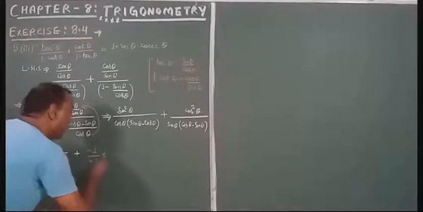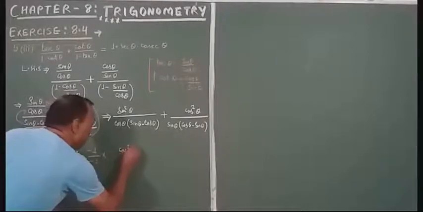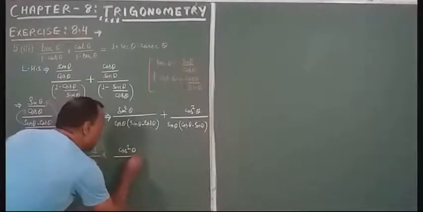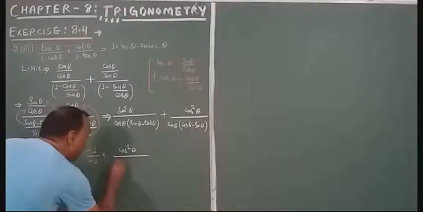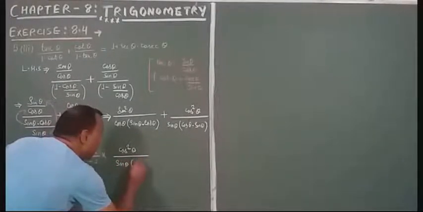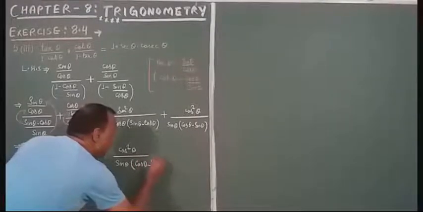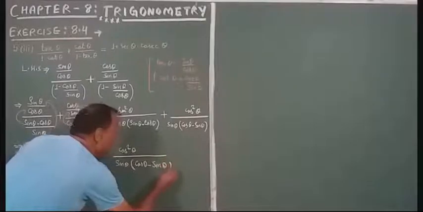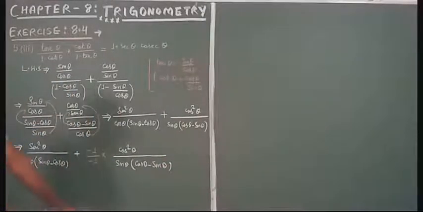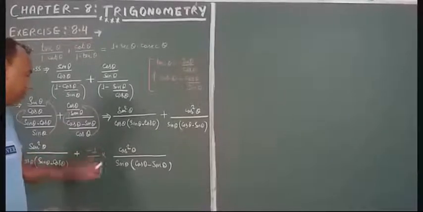What is here? Cos square theta upon sin theta and cos theta minus sin theta. What I am doing in the second term is multiplying with minus 1 by minus 1.